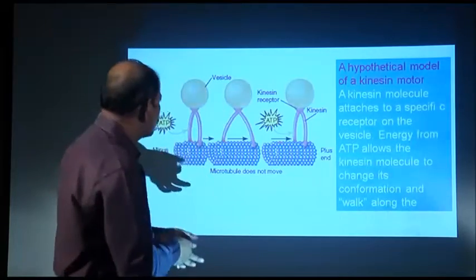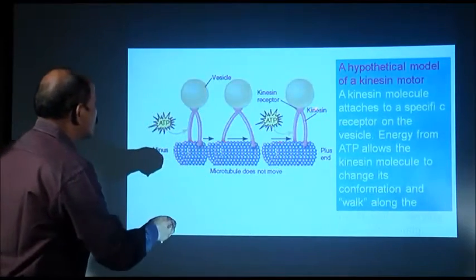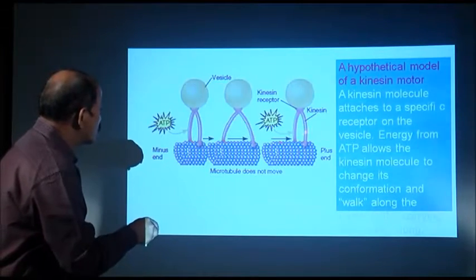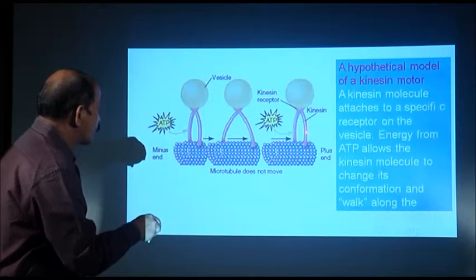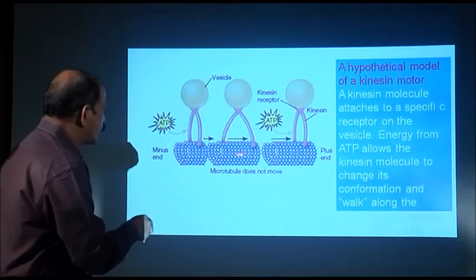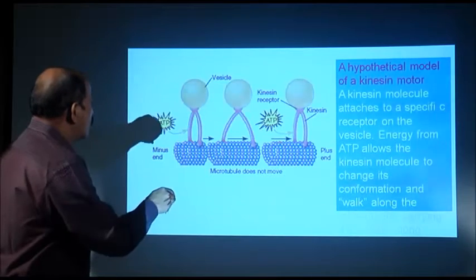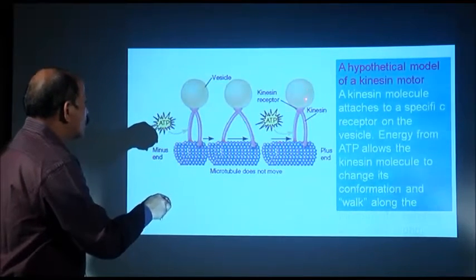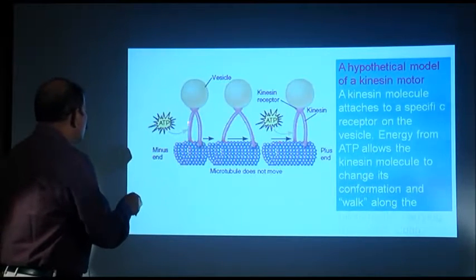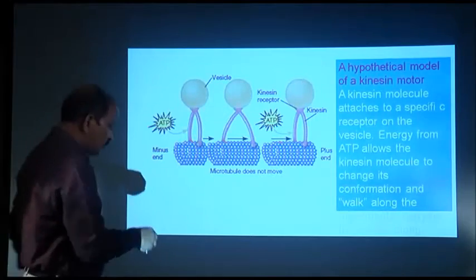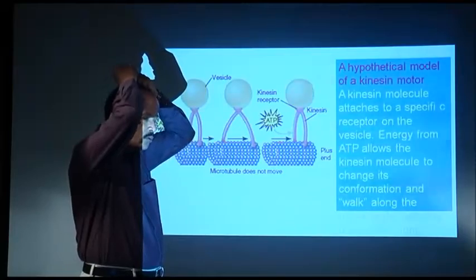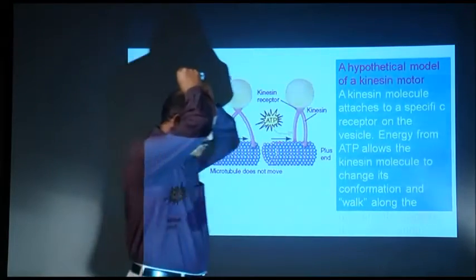The protein is called kinesin, you see here the name kinesin, kinetics means movement. Kinesins are proteins that at one end bind to the microtubule, and at the other end they bind to the vesicle. So, this kinesin protein binds to the microtubule, at the other end it holds the vesicle, then it moves.